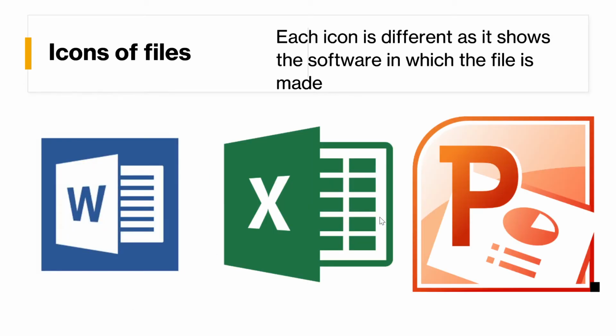Now you can see these are the files and the icons of different files. Each icon is different as it shows the software in which the file is made. MS Word, this is the file.